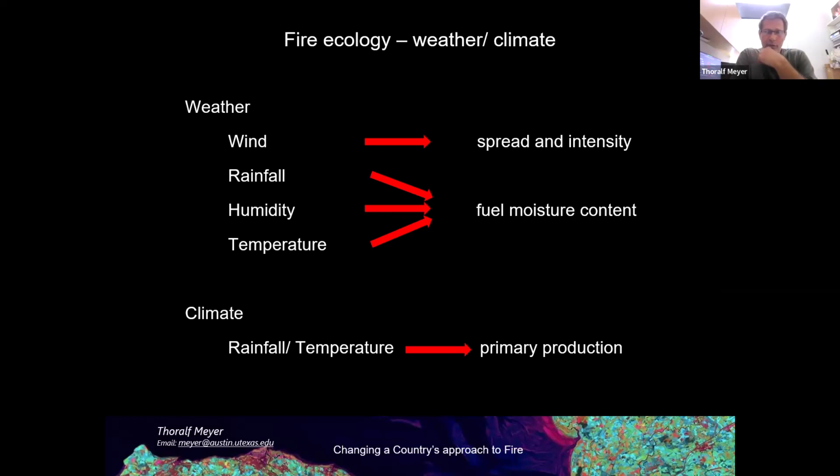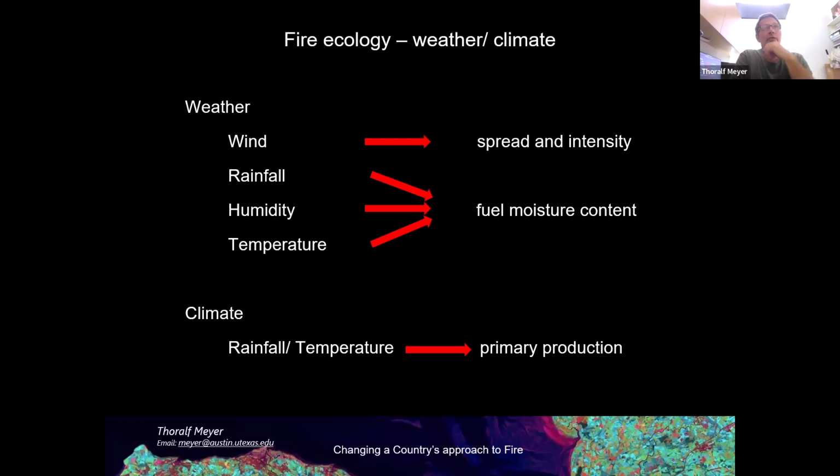So from a weather point of view, so the weather today or on a day where a fire occurs anywhere, things like wind play an important role because wind is essentially responsible for the spread and the intensity of a particular fire, because it is wind that supplies the oxygen that is needed for a fire to burn.